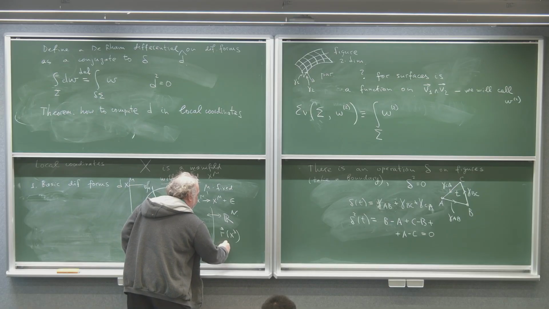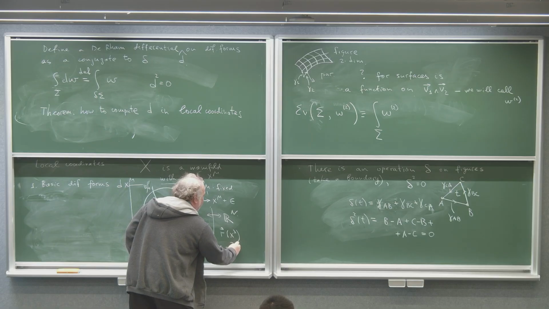Now I'll try to imagine this vector field v mu as dr over dx mu.